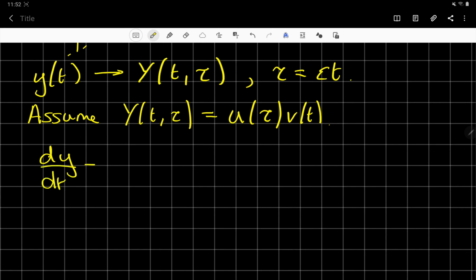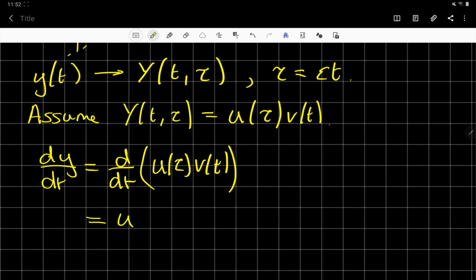So dy/dt, that's d/dt of u of tau times v of t. So we're going to use the product rule and the chain rule. So first off, product rule, so that's going to be u dv/dt plus v, and then du/dt, we're going to use a chain rule to work that out.